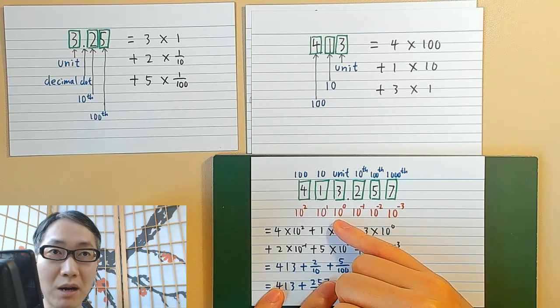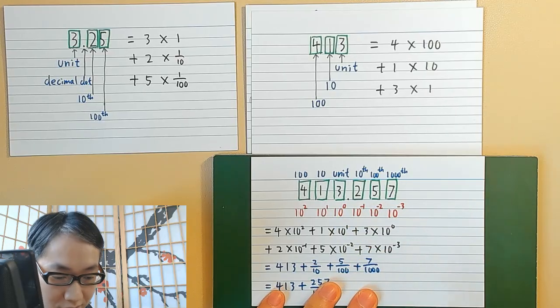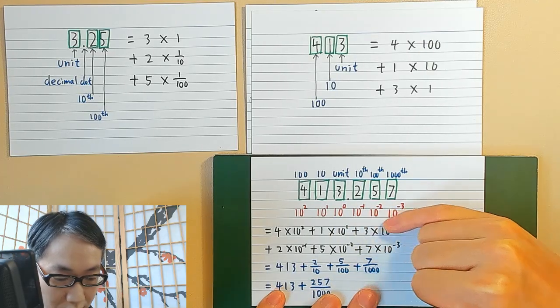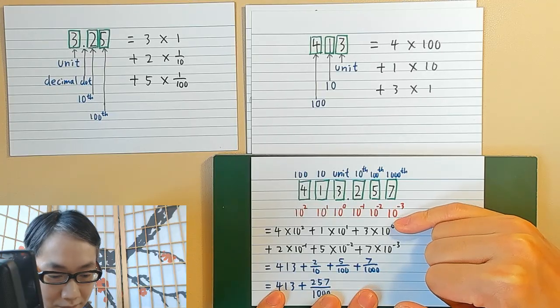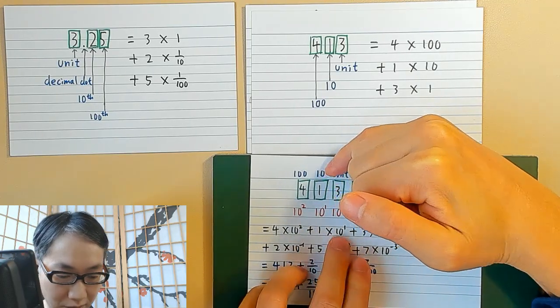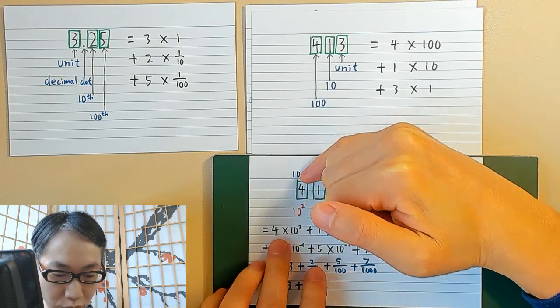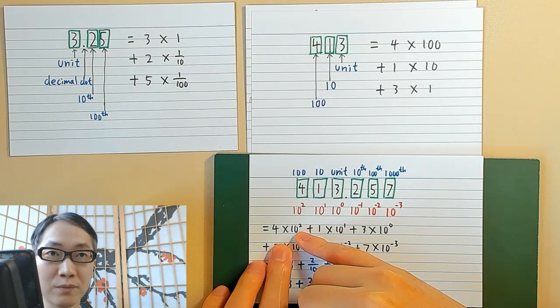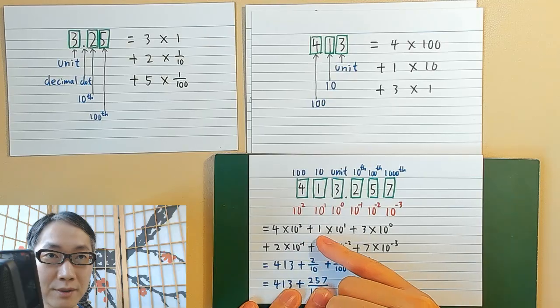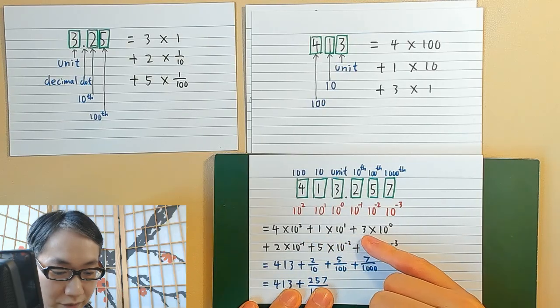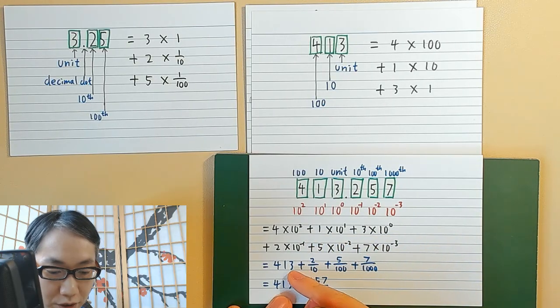Any number to the power of 0 is 1. So we see 3 times 1 here. Then 1 times 10, and 4 times 10 to the power of 2, which is 100. So 400 and 10 and 3, which is 413.